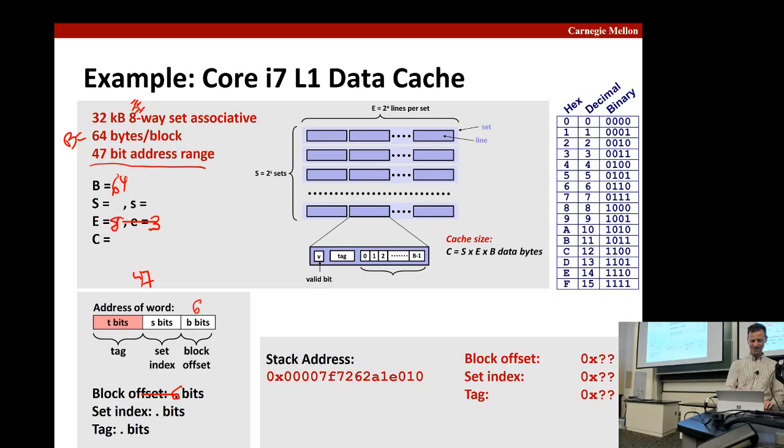And so how many sets do we end up with? Anybody know here? I'm getting myself in a hole here. 3... did that work out? 3, 9.